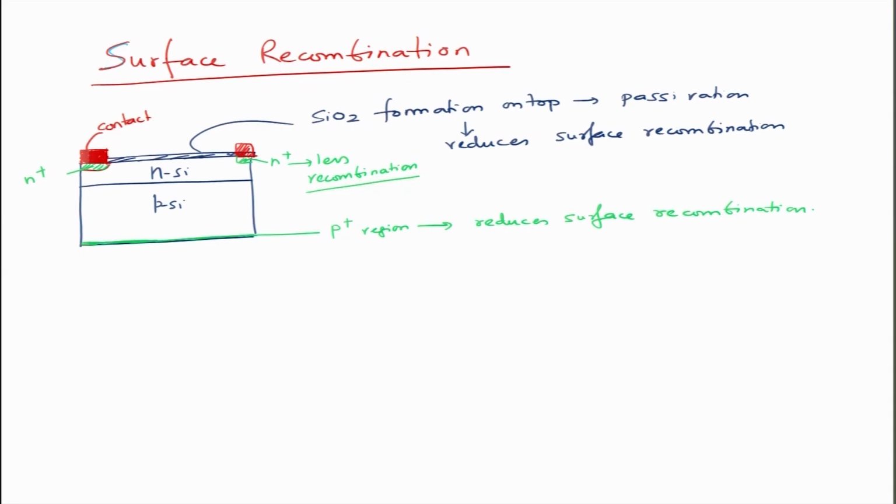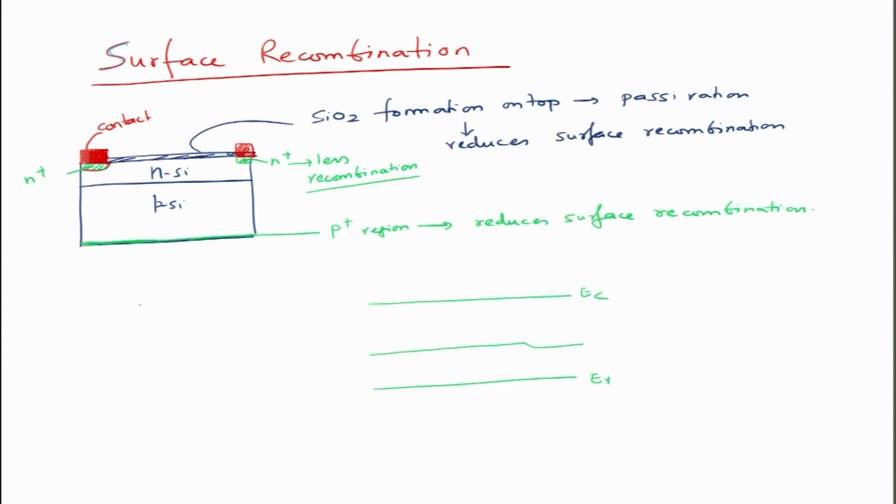The reason basically is, suppose this is a p type layer, with EC and EV, and in the bulk you have the Fermi level. When you heavily dope, the Fermi level goes down a little bit here. As a result, carriers find a higher barrier. In terms of holes, going down is a barrier. In terms of electrons, going up is a barrier.